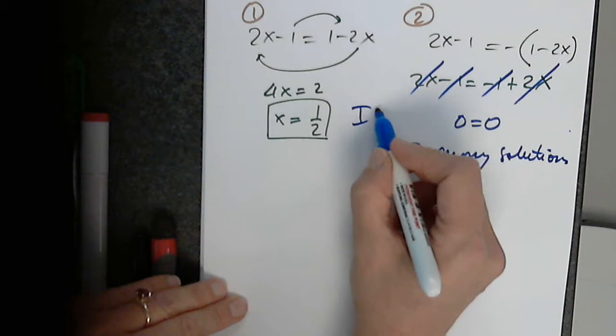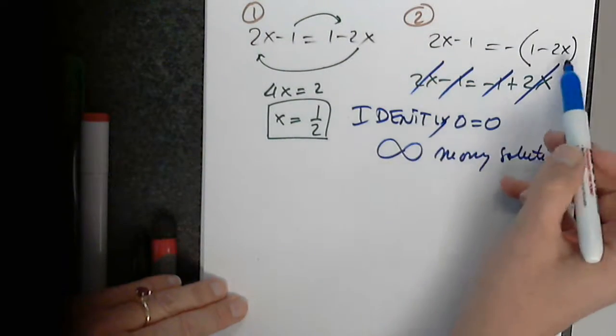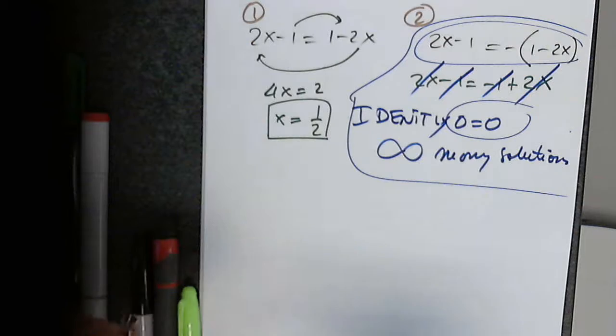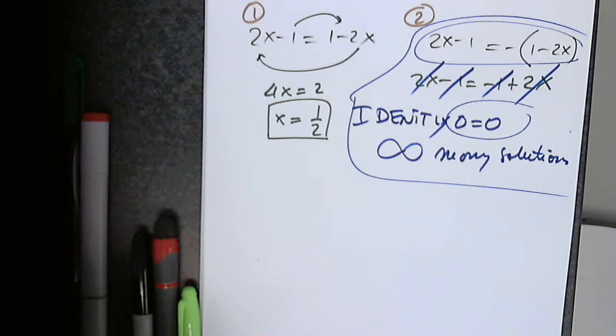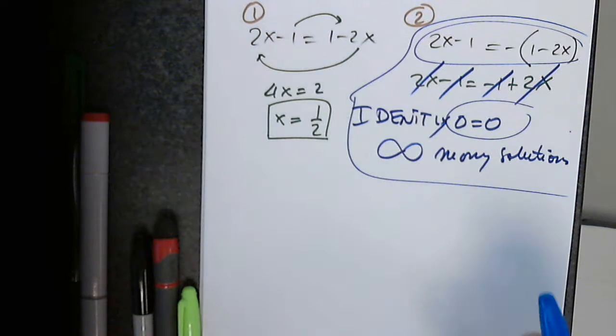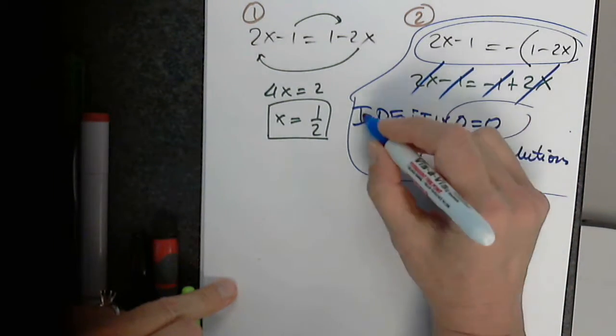And this is an identity. This and this, they're identities. So an identity has infinitely many solutions. I swallowed a T in here. I'm sorry. I'm going to write this one more time.